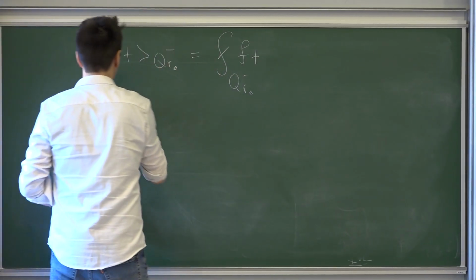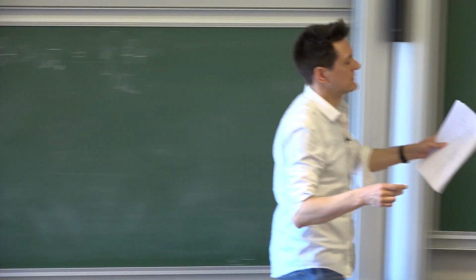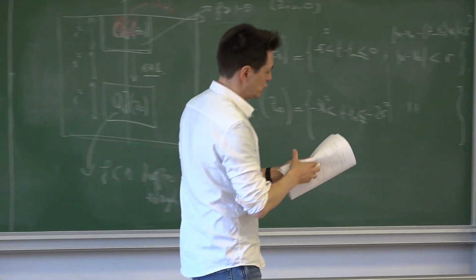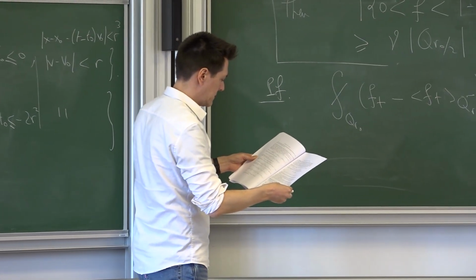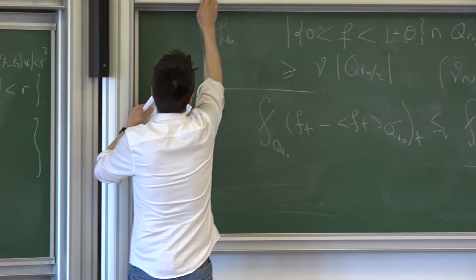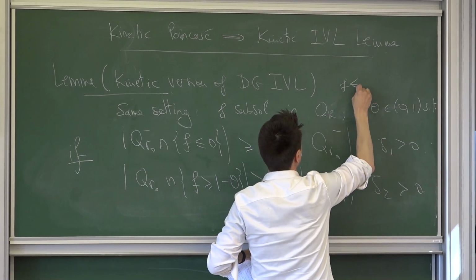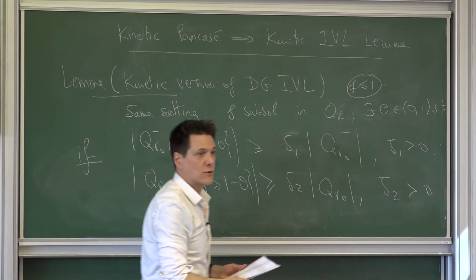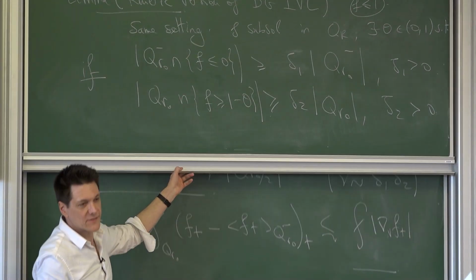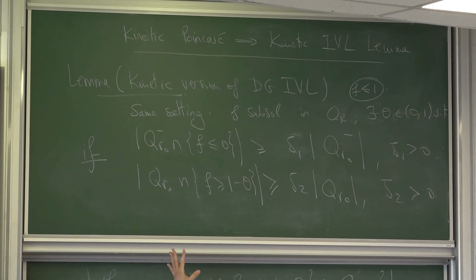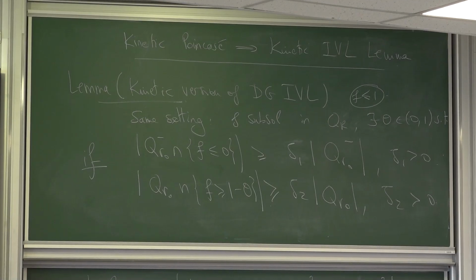But because of, oh, sorry. I forgot to put a huge assumption. My mistake. So f is a subsolution less than 1. Of course, as in the intermediate value lemma in the elliptic case.